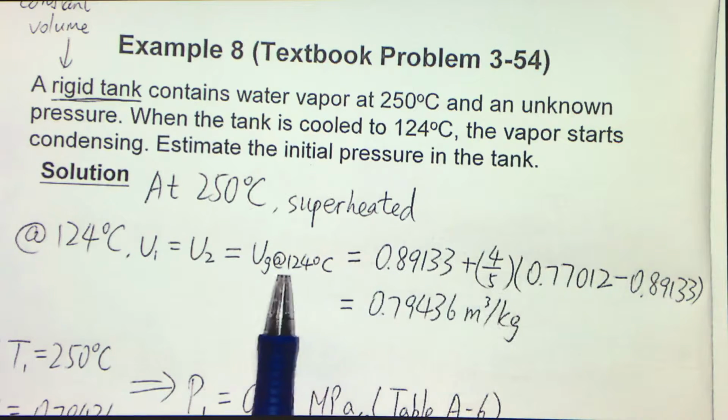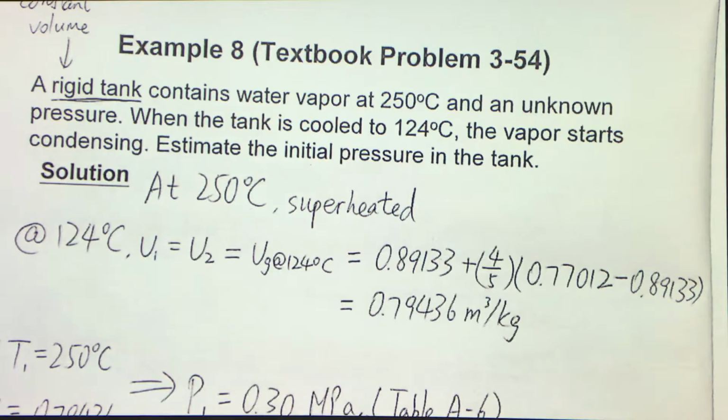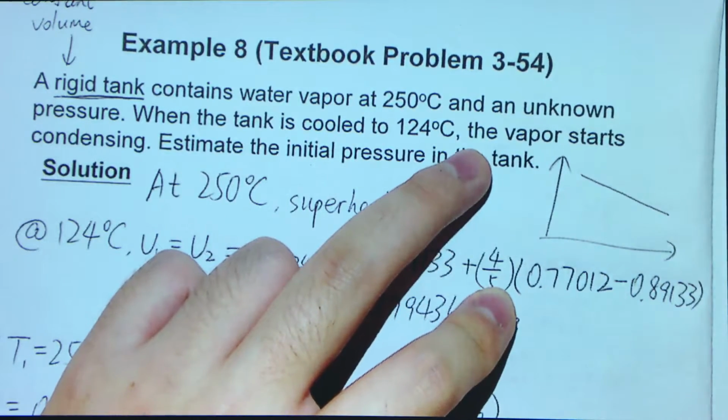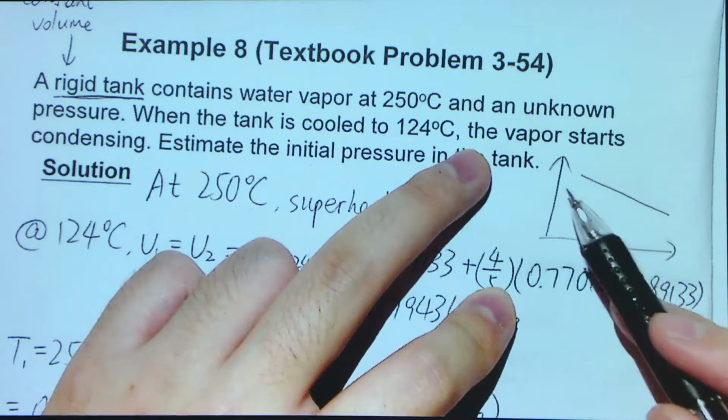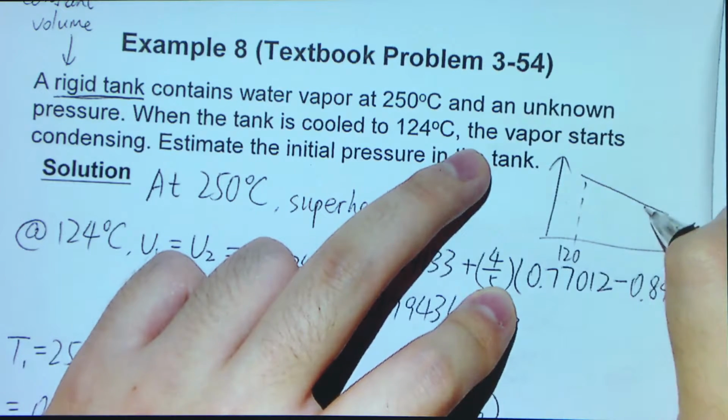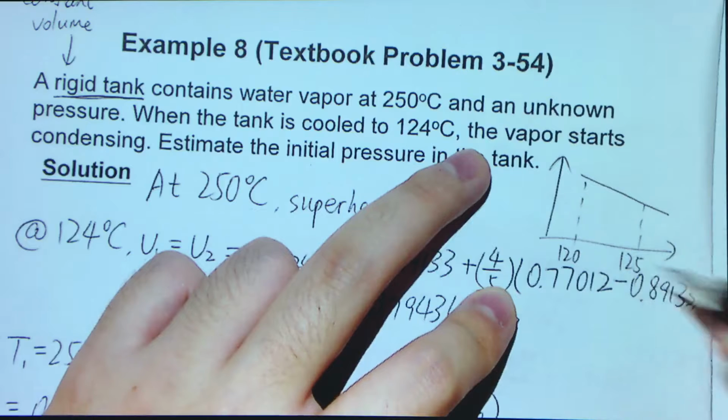So that when we add this value at 120 to this term, we get the Vg at 124 degrees C. If you still don't know what I mean, I have this graph, and I have this line, and I have the points here and here. If I would like to find the value at 124, what should I do?